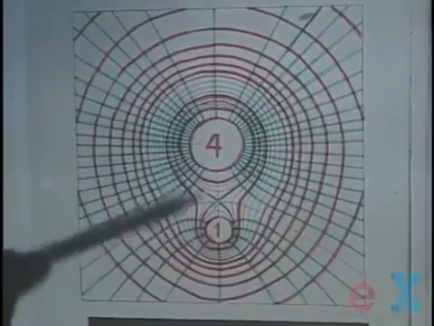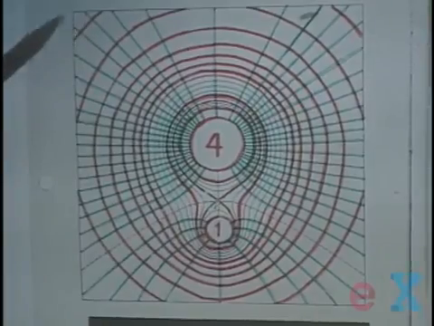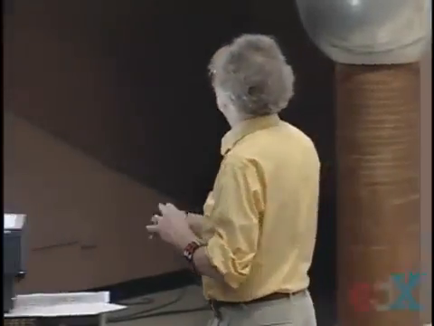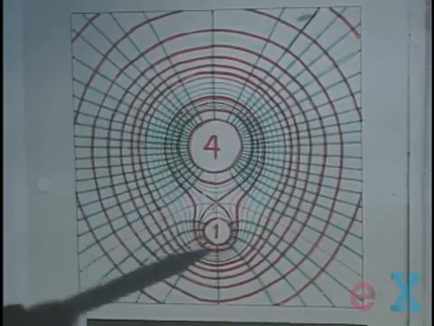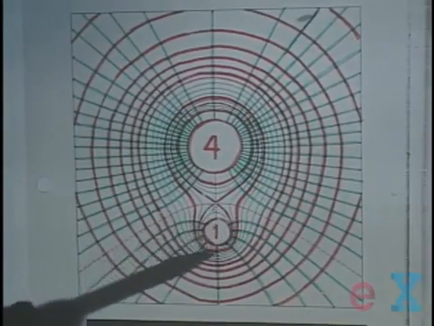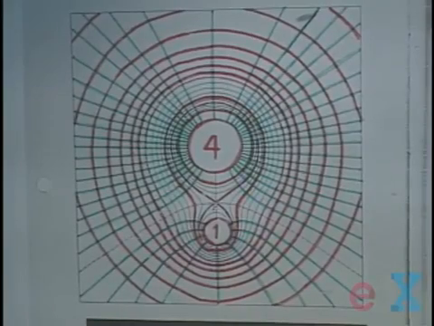If you are very far away from the +4 and the +1, then you expect that the equipotential surfaces are spheres, because it's almost as if you were looking at a +5 charge. So it doesn't surprise you that when you go far out, you ultimately get spherical shapes. When you're very close to the +4, they are perfect spheres. When you're very close to the +1, they are perfect spheres.